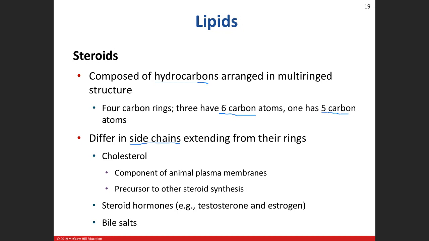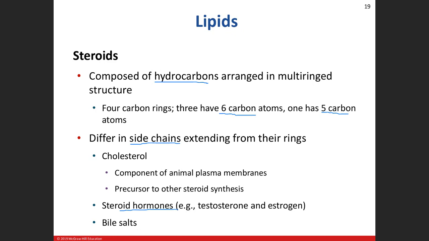And whatever that side chain is going to determine what function that molecule has. So when we're discussing cholesterol, its side chain is going to differ from bile salts, but both are considered to be steroids. Bile salts and cholesterol will differ from actual steroid hormones. So keep that in mind.